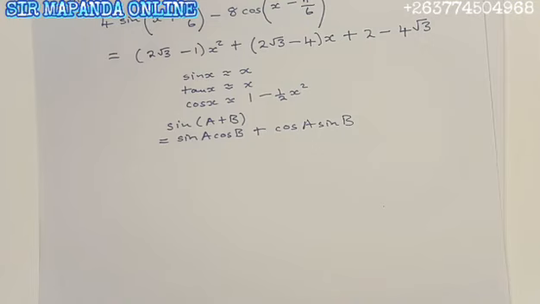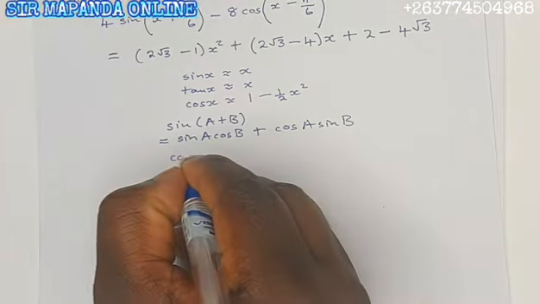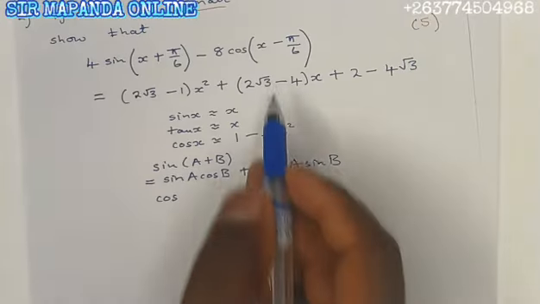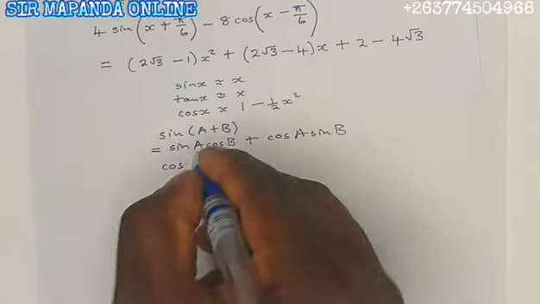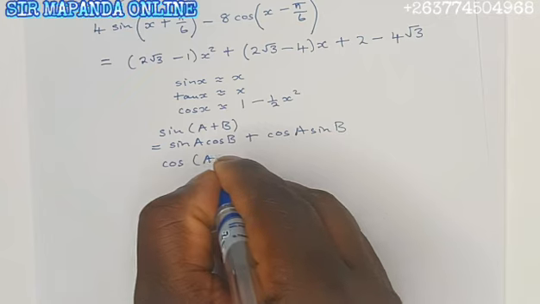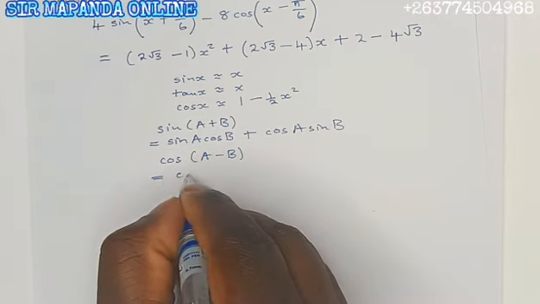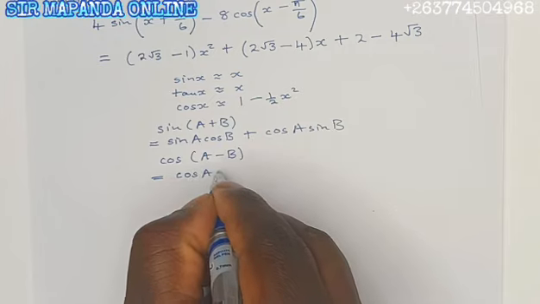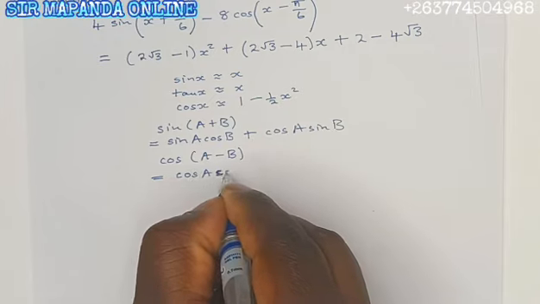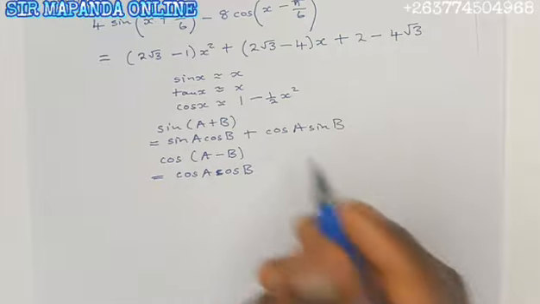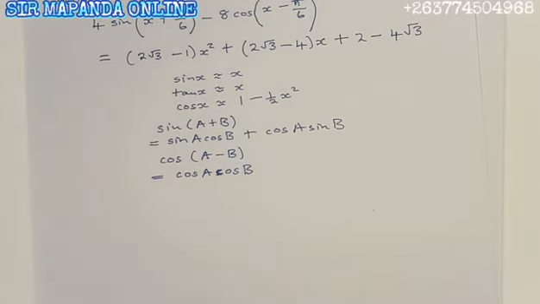I hope you are following. Then if you have cos, like the second bracket, we have cos and the negative sign in between. So you are going to apply cos A minus B, right? So for cos, you put the cos on the same side. You have cos A and cos B placed on the left side first.